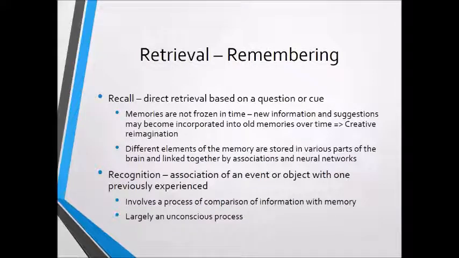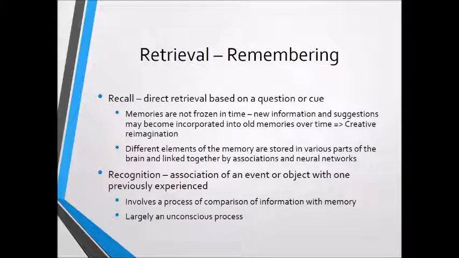Okay, so we've talked about encoding and storage, but that's all for naught if we can't retrieve it, pull it back up. Once we've written these memories into our brain, we've got to actually be able to get them back. Now there's two basic ways that memories are retrieved. One is recall and the other is recognition.